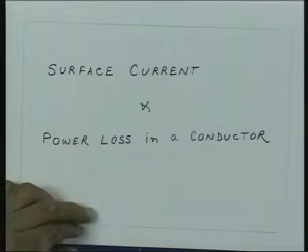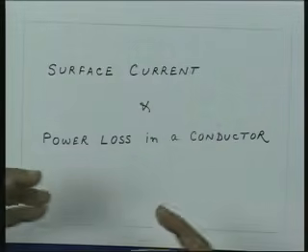Now, in practice we do not have ideal conductors; we have conductors with very high conductivity, but still the conductivity is finite. Then one can ask: does this surface current have any meaning in practical systems, or is it just an abstract concept? So, what we will do today is start from the volume current density inside a conductor.